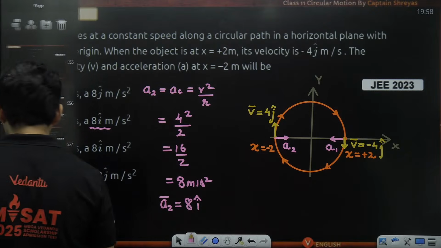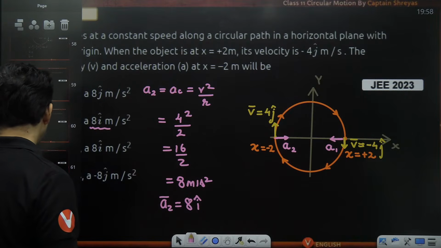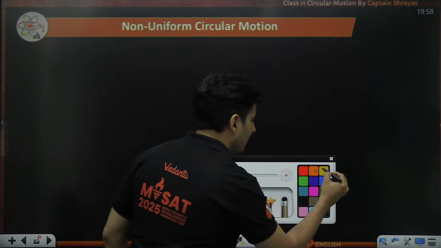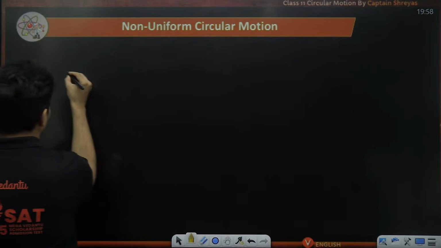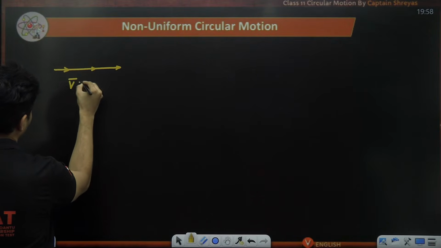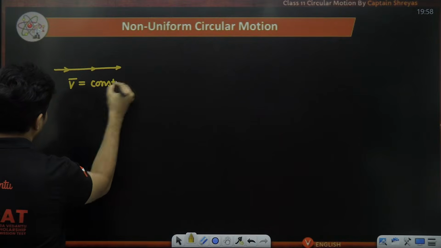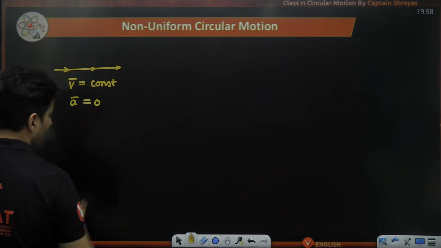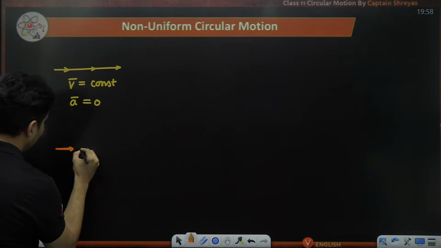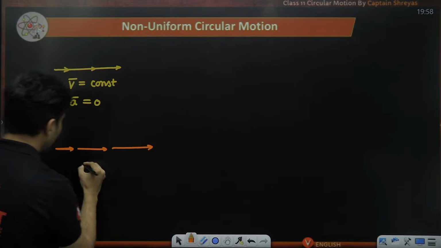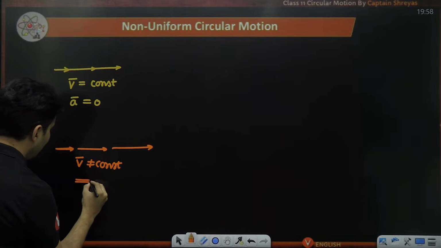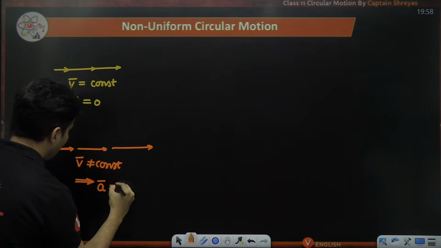Yeah, great. Let's go to the last one in the non-uniform circular motion. Now, I just told you that if you are going in a straight path with constant velocity, then my acceleration is zero. But let's say I'm going in a straight path and my velocity is not constant, then immediately I will tell you I have some acceleration.